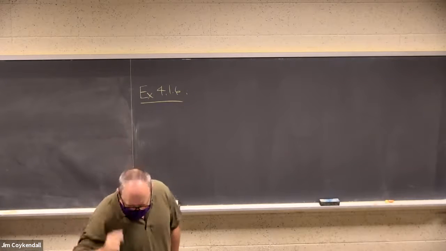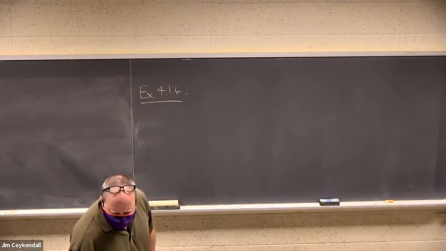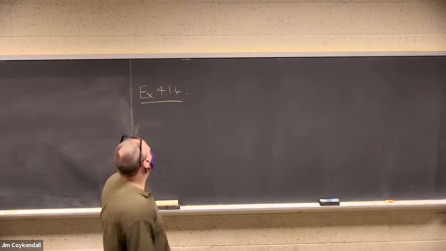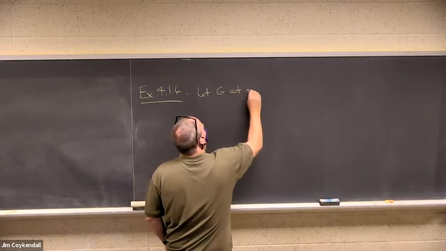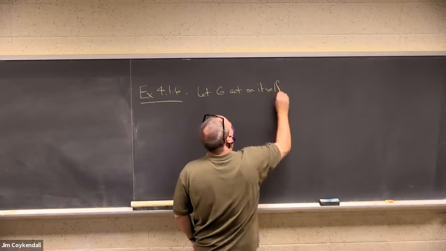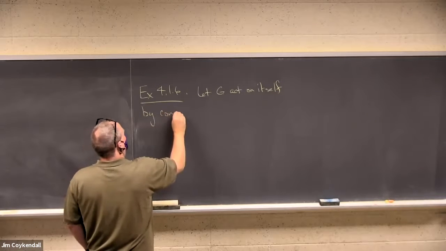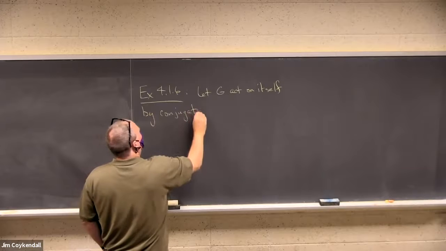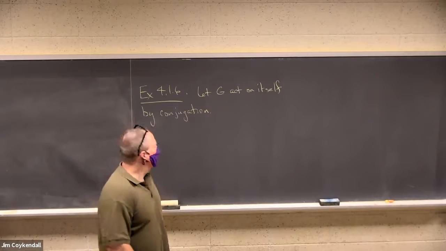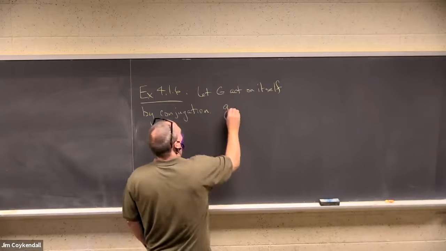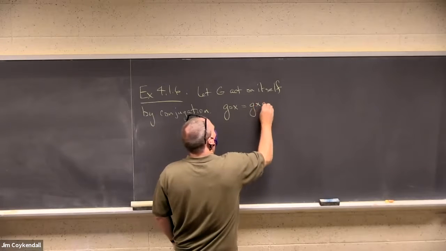Example 416. So first we're going to let G act on itself by conjugation. So here, in this example, my group is G and my set is also G. And the way I want to act on some x in G is g · x = gxg⁻¹.